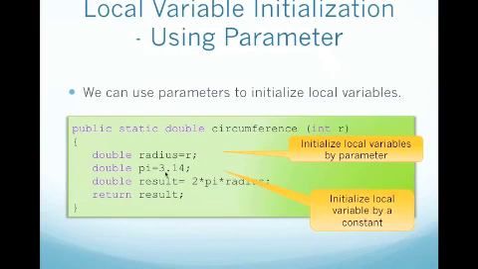And then we initialize the local variable pi with the constant 3.14. And then we have a local variable result, which is the product of 2 times pi times radius. And finally, it will return the value of result. That is how you should initialize your local variables and do the calculation in the method.